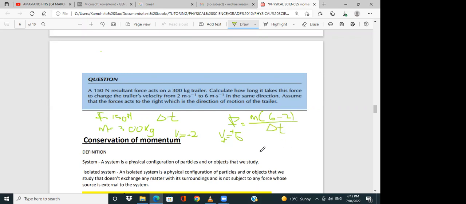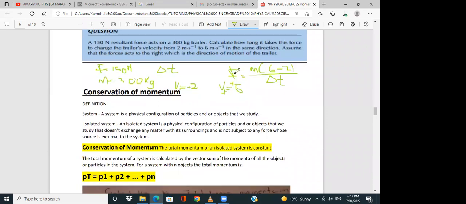Now, we know that our force is 50 newtons, and then our mass is 300 kgs, multiplied by 6 minus 2, that is 4, and then all divided by delta t.